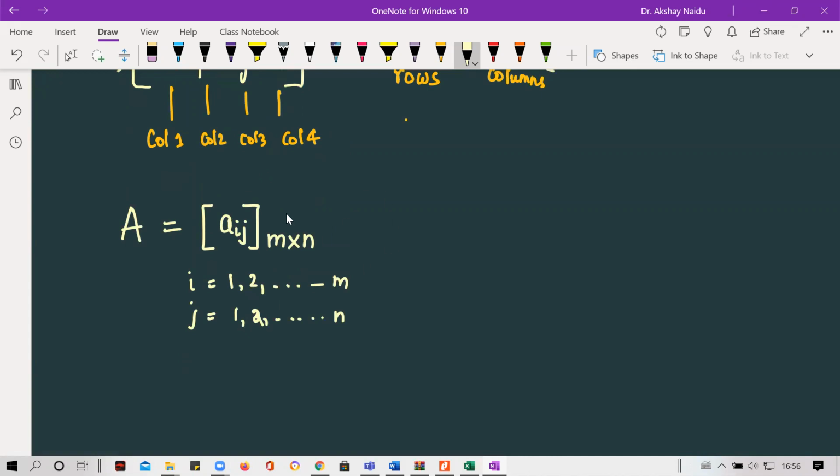So this is a matrix of order m by n, or m cross n. This is the general notation of the matrix.